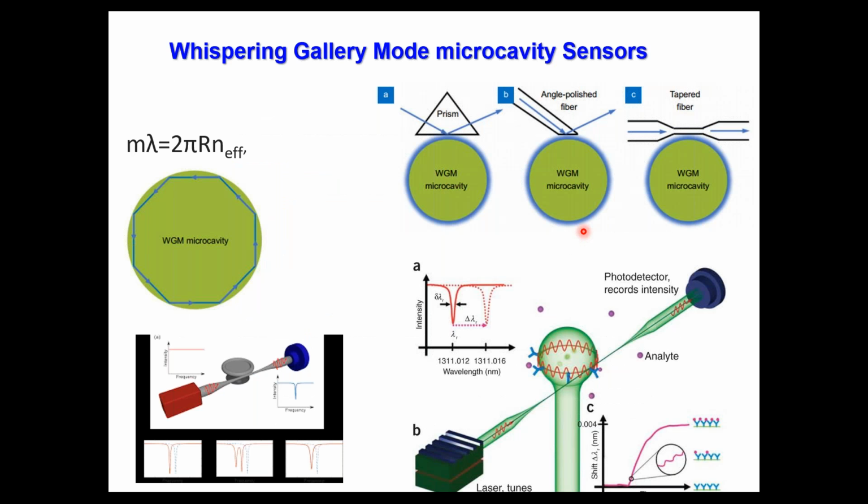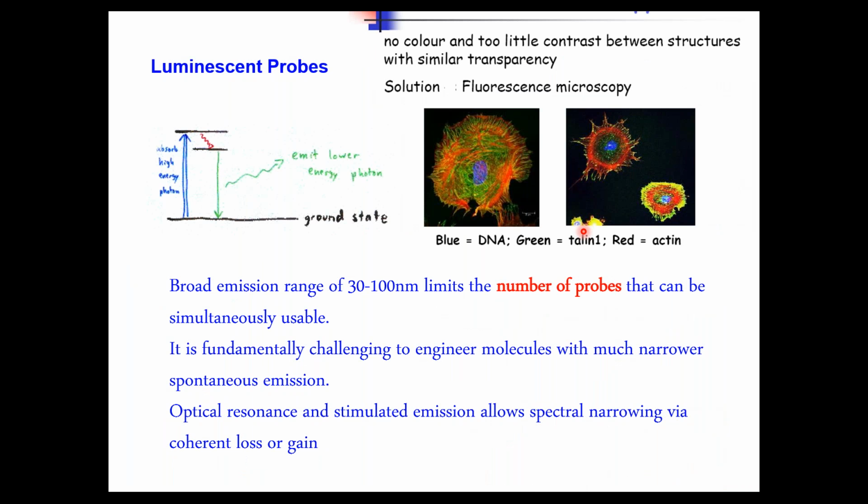We have studied microcavity sensors in detail in the last session, but I will simply mention one of the applications of such sensors in biology. In biology, it is very common to use luminescent probes like fluorescent materials to label different parts of the cell or biological samples.